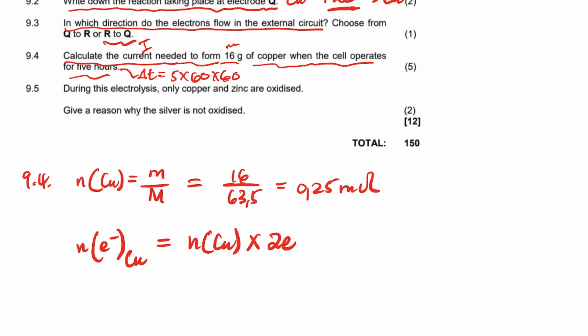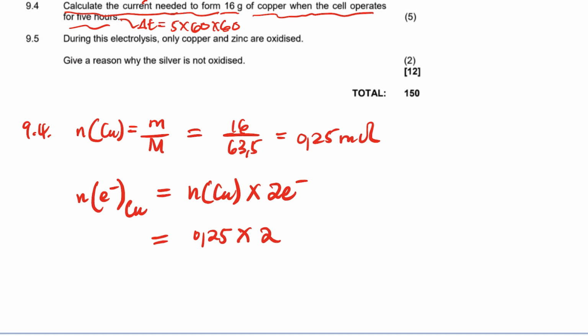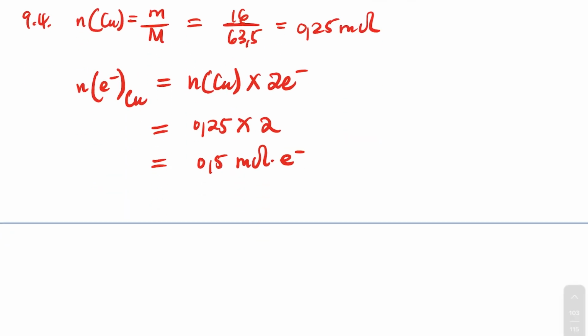So it's 0.25 times by 2, it's going to be 0.5, right? 0.5 mole electron.